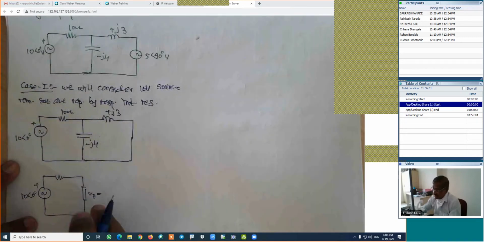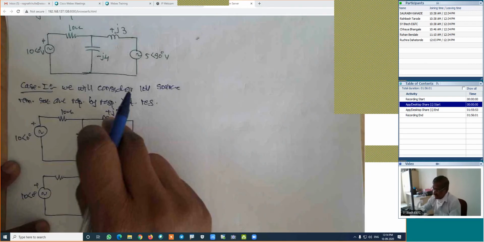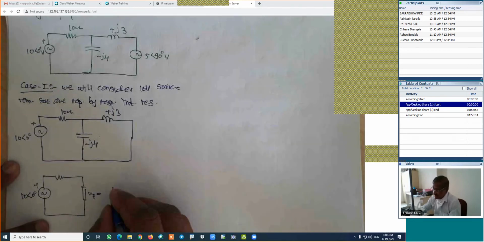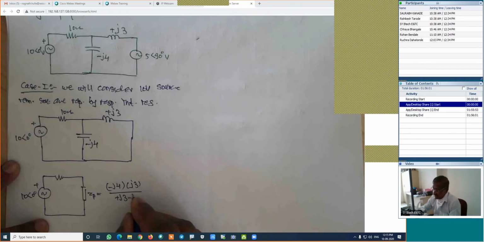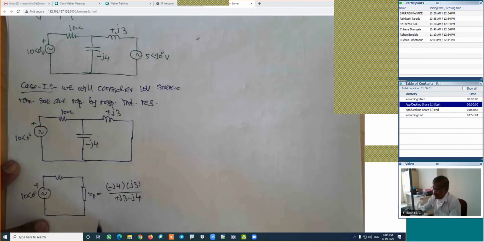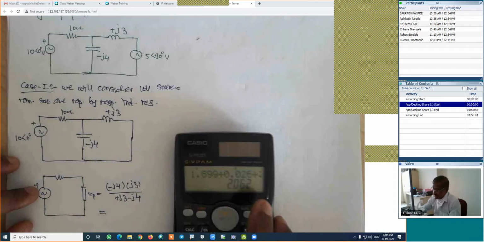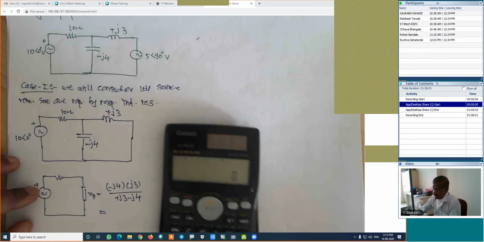How much is the value of ZP? Multiplication of these two divided by summation of these two. It's minus j4 into j3 divided by plus j3 minus j4. Find out those calculations. Now shift the calculator to the complex domain.